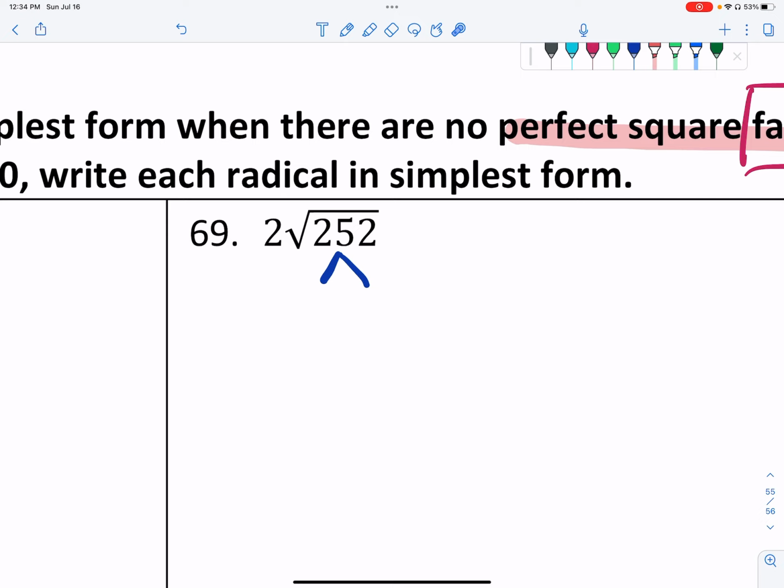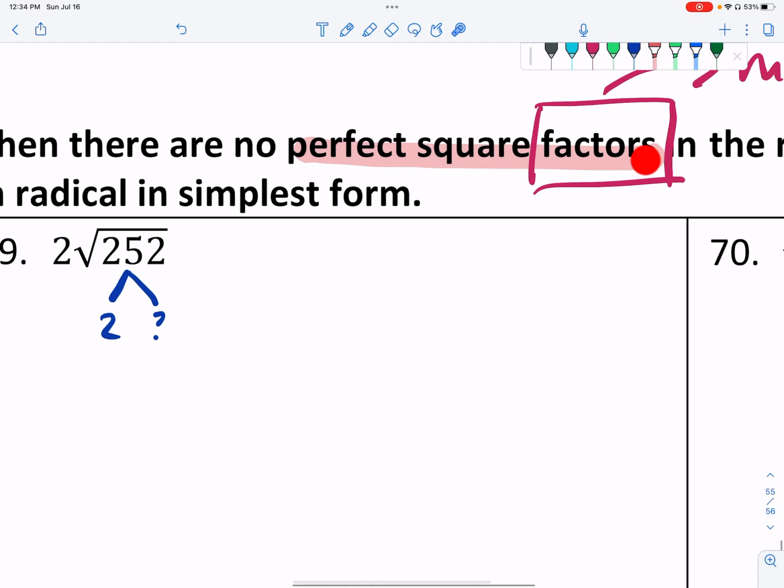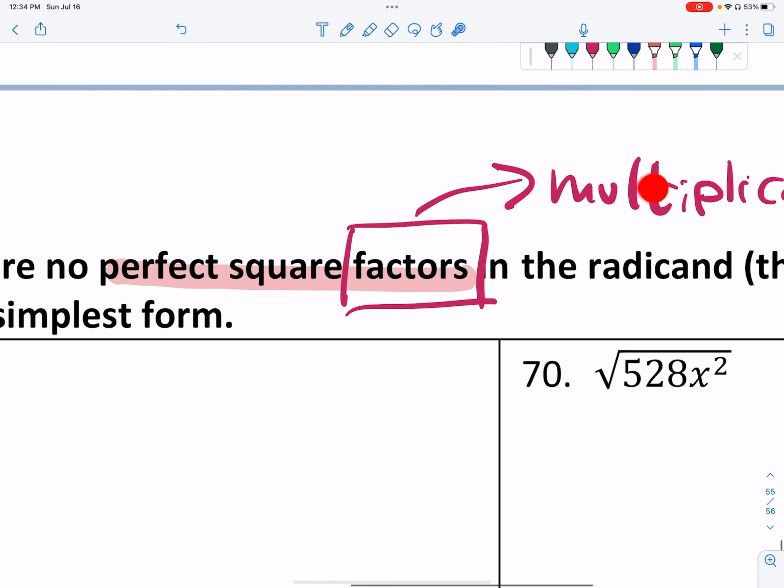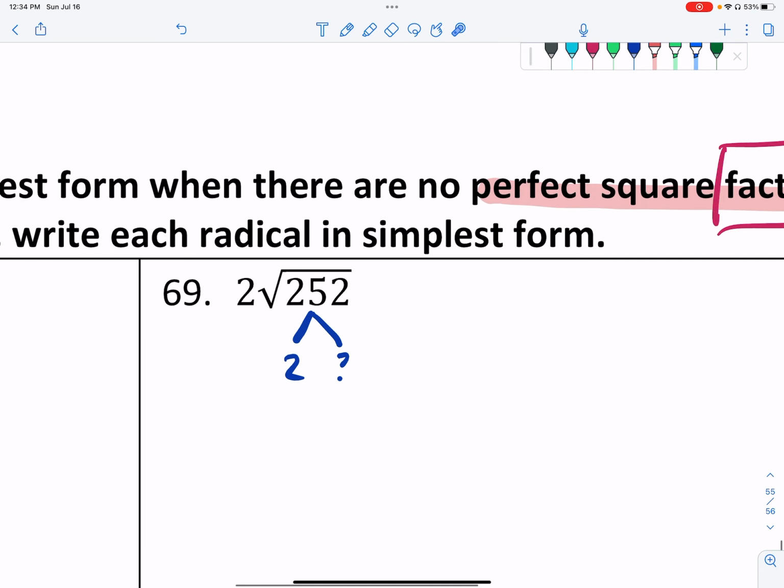So I'm going to divide everything by 2 as my first factor to try, and then just divide it by 2 and see what's left over. Once you're done with that and find any pairs of factors to bring them out, it's going to meet up with the 2 that's on the outside right here. And once again, they're factors, which means I'm going to multiply all those things together. So I would multiply whatever number comes on the outside times the 2 that's right here.